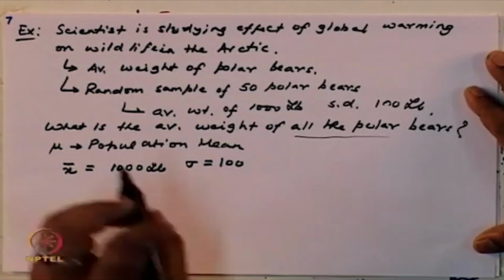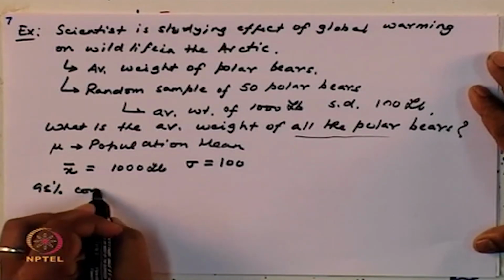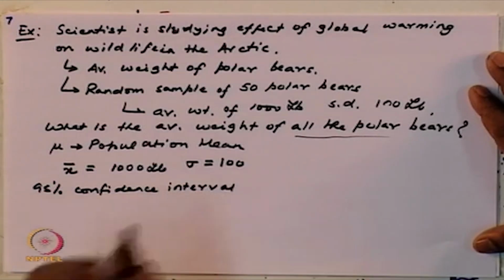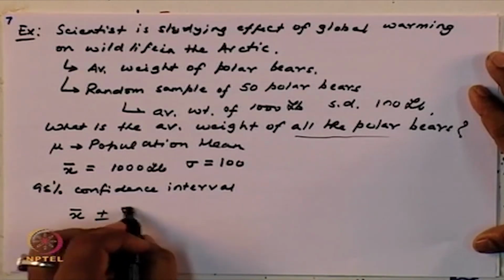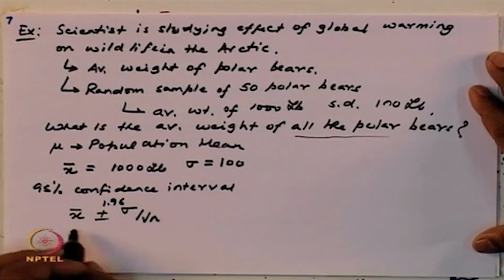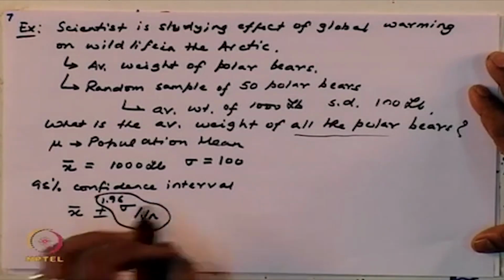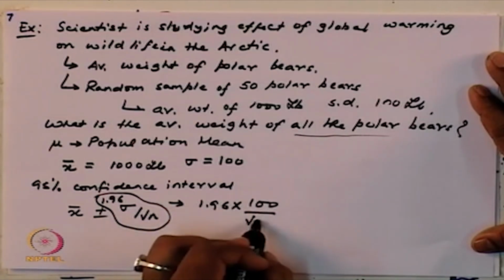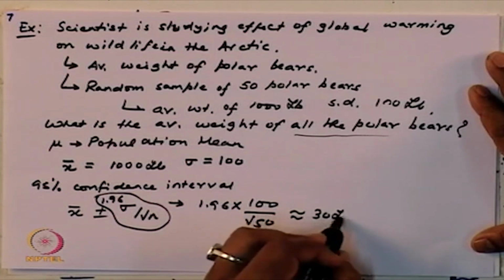For creating the 95% confidence interval, I want x bar plus minus 1.96 times sigma by root n. This term is 1.96 into 100 by root of 50, which comes to roughly around 30 pounds.